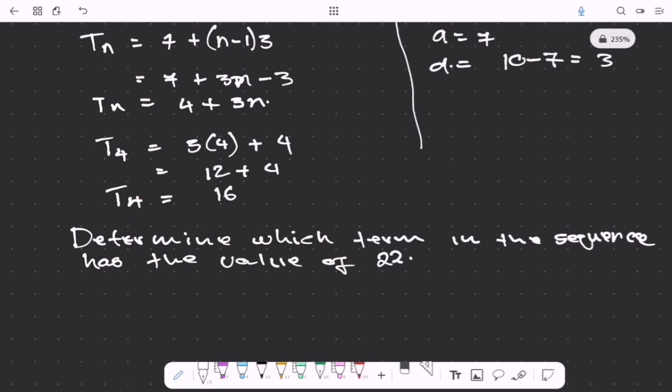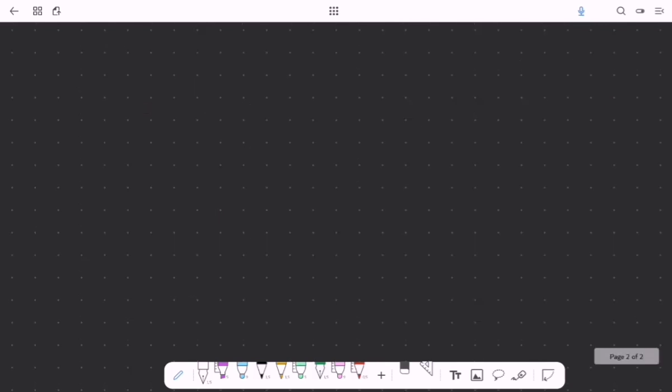This 22 is basically Tn. So if you are given the value, we are given Tn. So Tn is equal to 22. So how do we go about finding this term that has a value of 22?